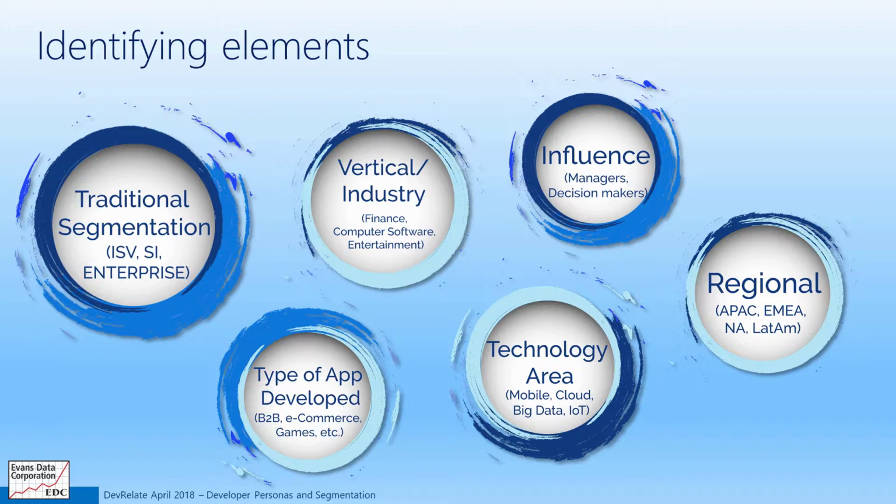We always say that developers have a lot of influence within organizations in terms of what technologies to use. But do they actually pull the trigger when purchasing tools, when accessing technologies? We also look at types of applications they develop and what kinds of technology areas they occupy.